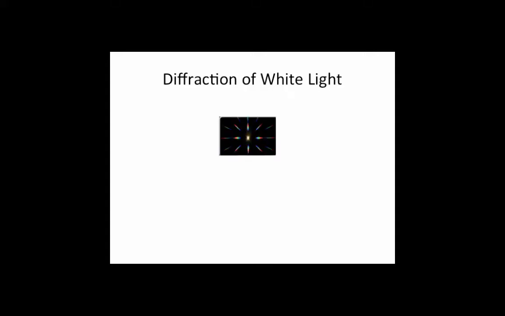First, before we begin with the hydrogen emission spectrum, we need to talk a little bit about diffraction of white light. This is a picture of a diffraction grating. A diffraction grating is a material with very, very small slits in it. When we pass light through it, the light bends, and the angle of that bend depends on the frequency of light.